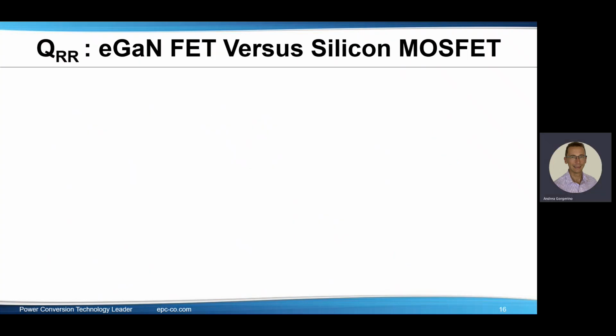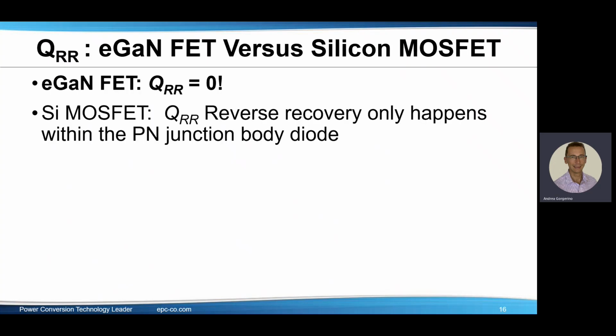So let's compare GaN FET versus silicon MOSFETs. Again, for GaN FETs, QRR is equal to 0. But for silicon MOSFET, QRR reverse recovery happens within the PN junction body diode. It is important to consider that QRR is not actually a fixed value.